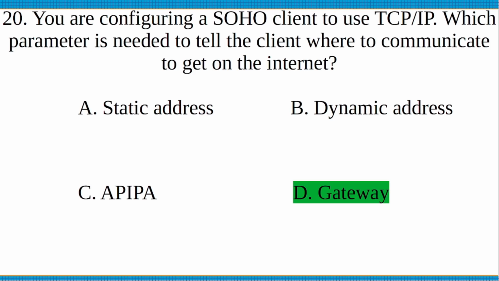APIPA will automatically configure a client with IP address information if it is set to get its configuration from a DHCP server, but none is available. APIPA configured clients can't get on the internet.